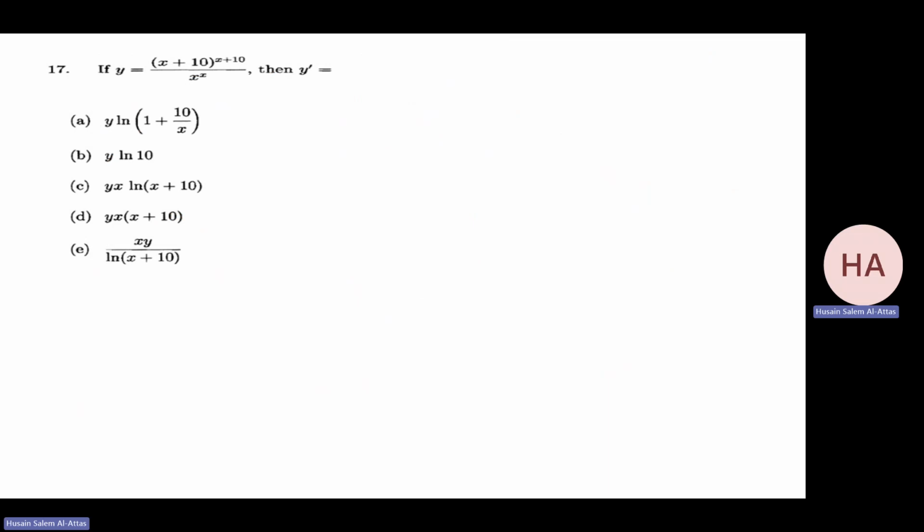Y equals this, then find y prime. What I will do, I'll take ln of both sides as usual. That gives me ln of (x plus 10) to the power x plus 10, minus ln of x to the power x.